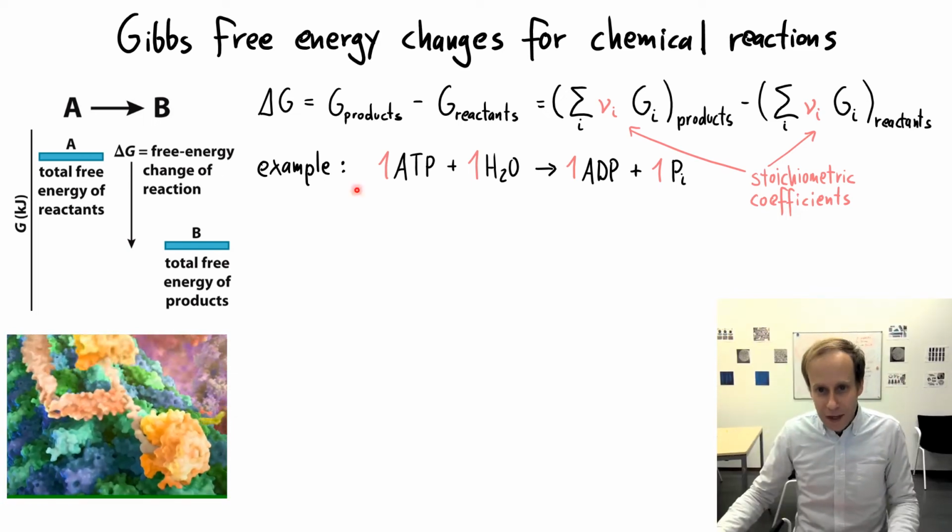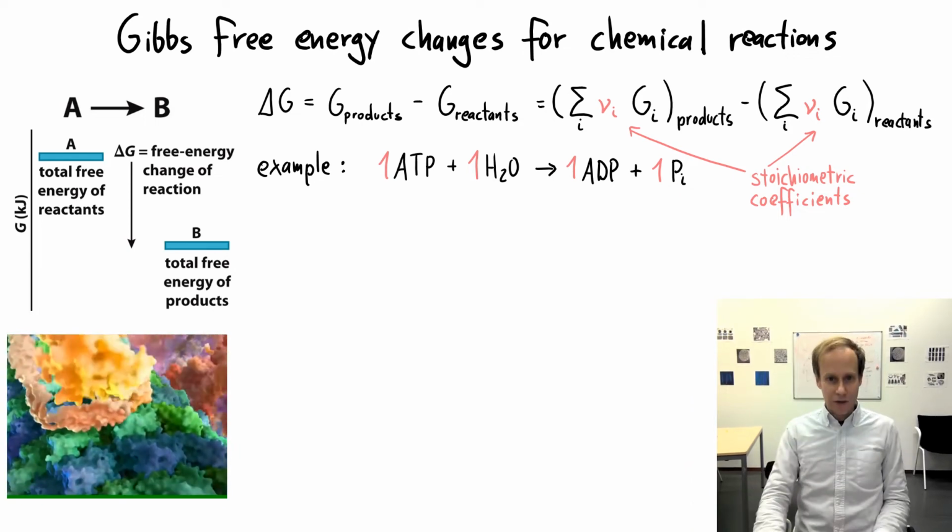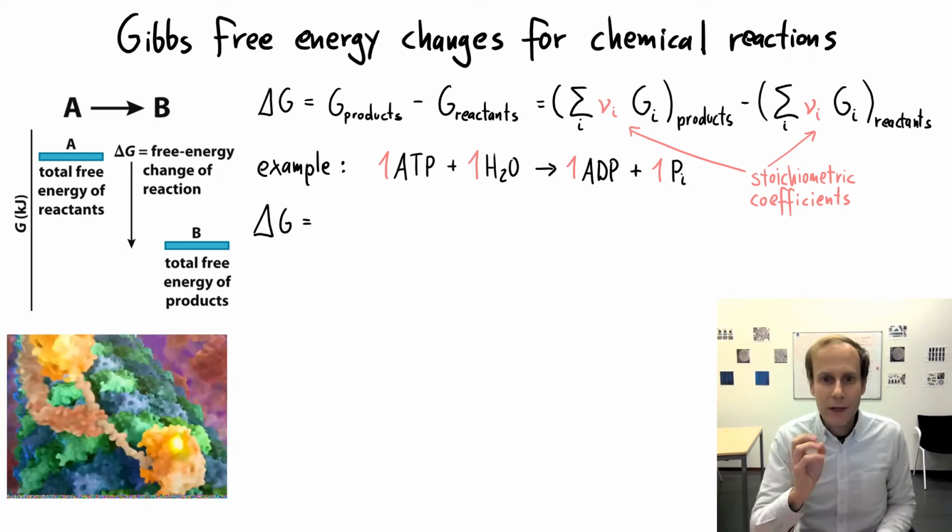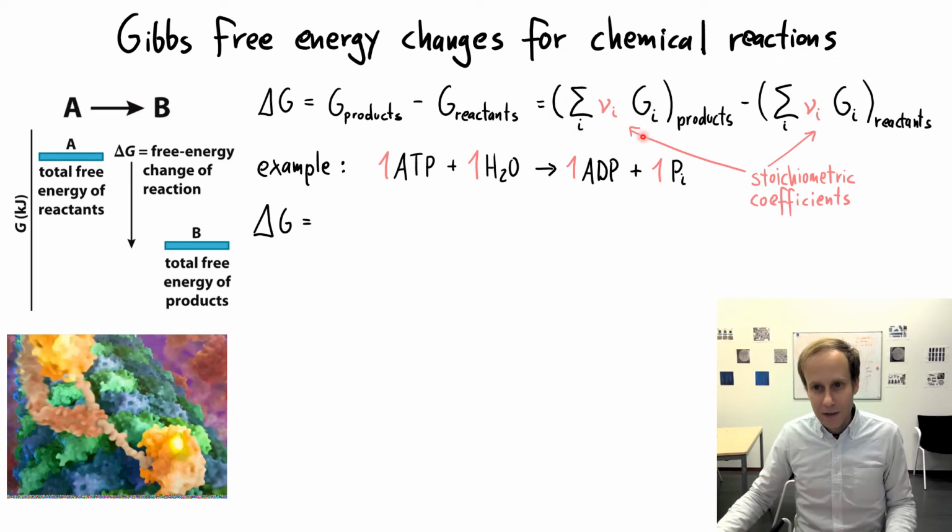So let's calculate the free energy change of the reaction. We simply, as the formula here states, multiply for each product the stoichiometric coefficient, which in the product is 1 for both the inorganic phosphate and the ADP, with the value for the free energy of the ADP and the phosphate.